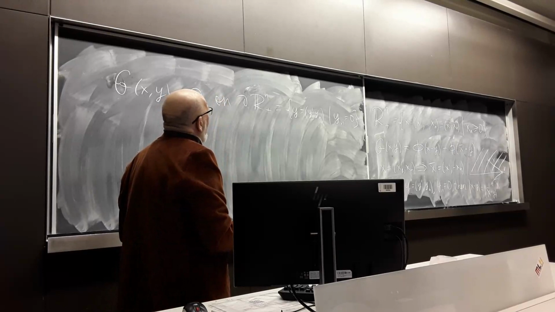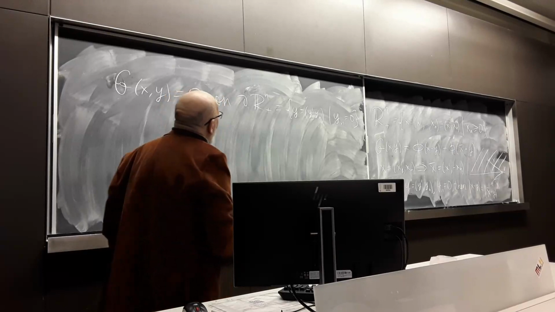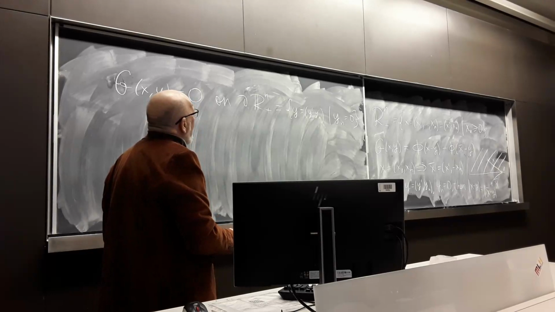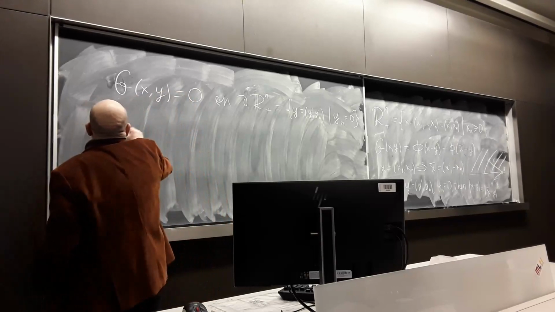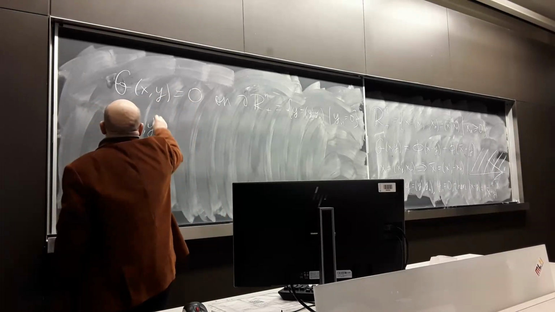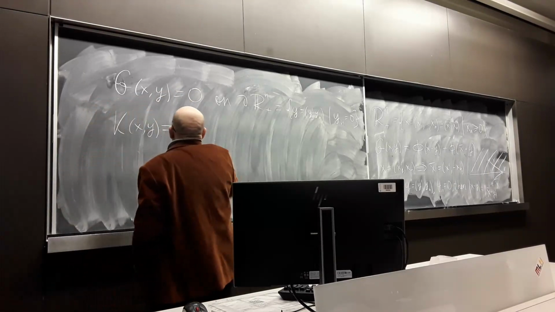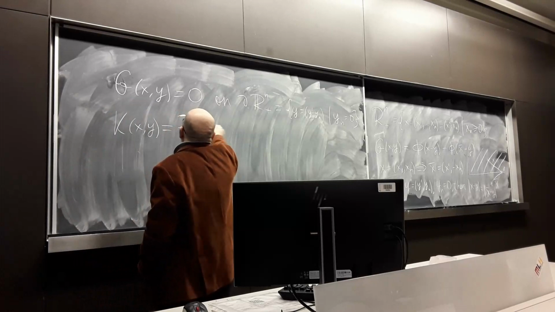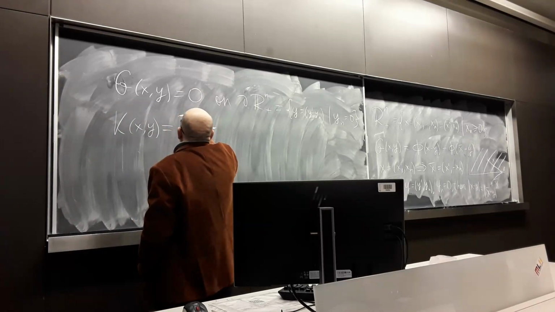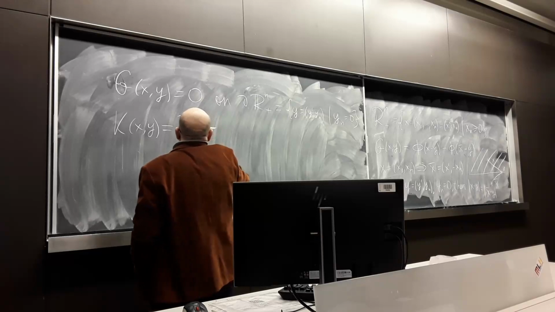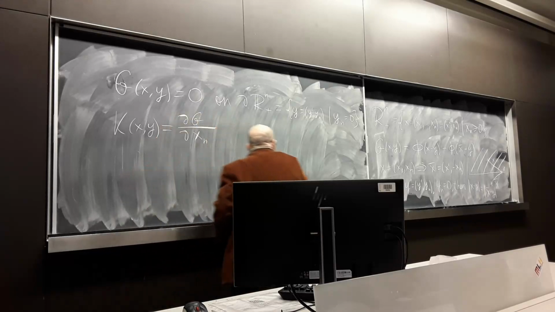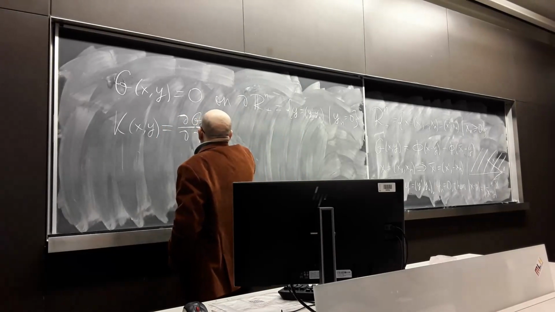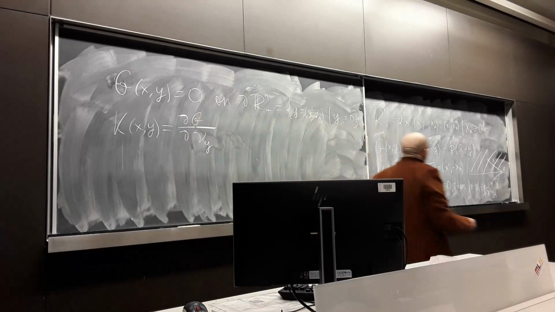K of x y equals dG over d nu y. So what is the normal vector?